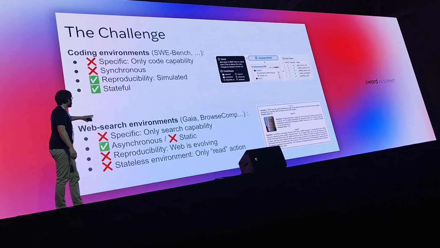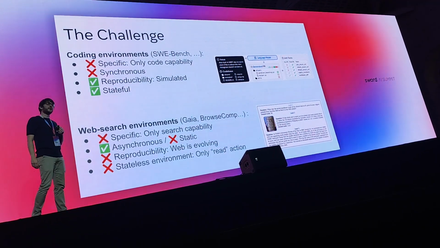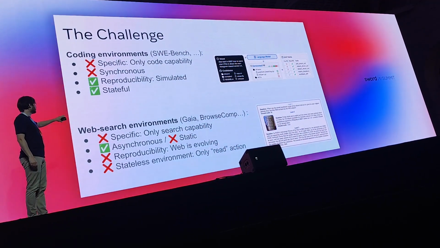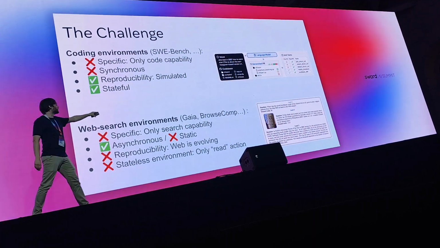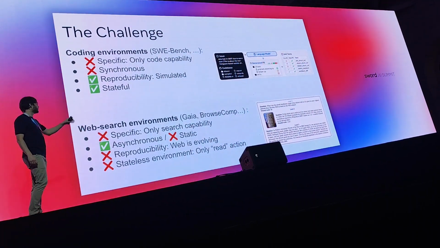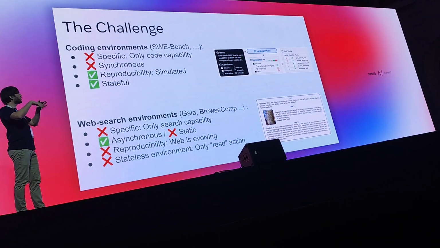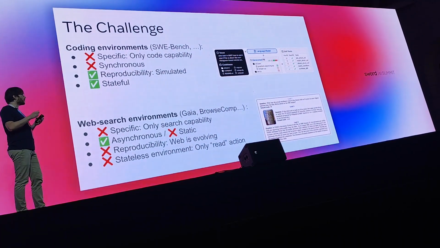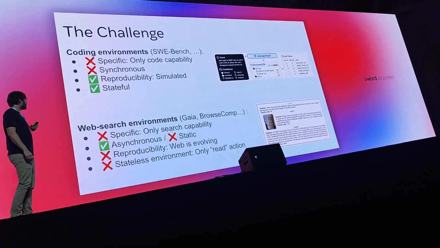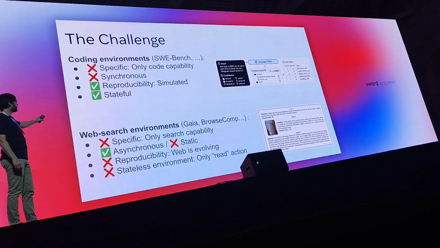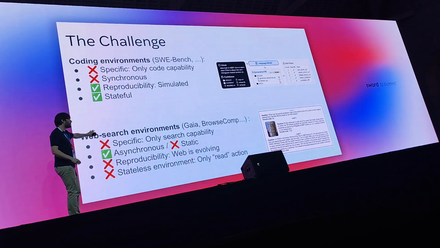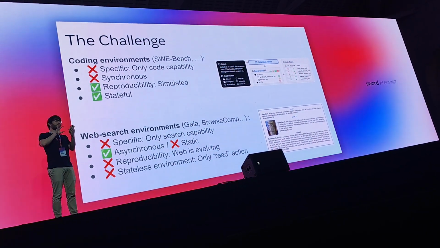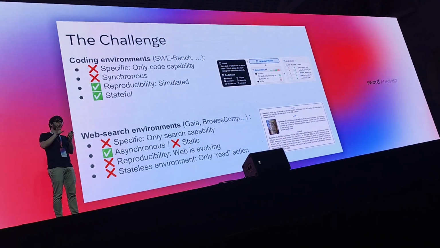Another well-known family of environments are the web search ones, for instance GAIA or, more recently, BrowseComp, where an agent has to answer a rather complicated question by doing web search. These types of environments are also a bit specific. We only evaluate the search capability of the agent.